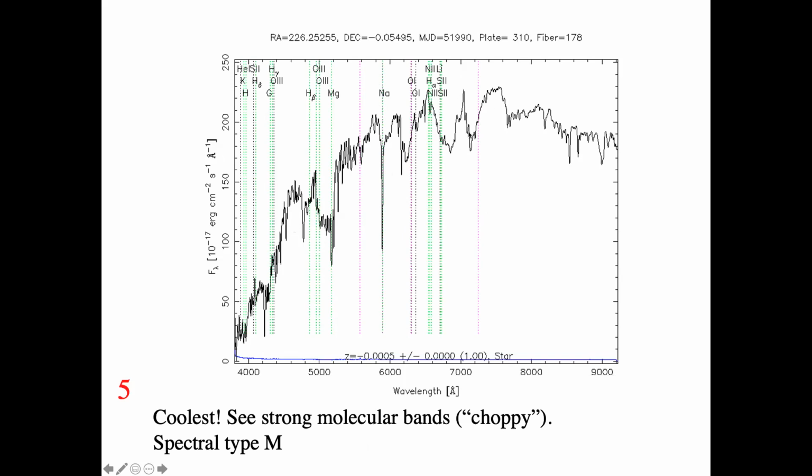It's like around here somewhere, in nearly the 7,000s. So it also starts to look much choppier, right? And that's because all of these molecules that are able to form because it's a little bit cooler absorb a lot more of that radiation.